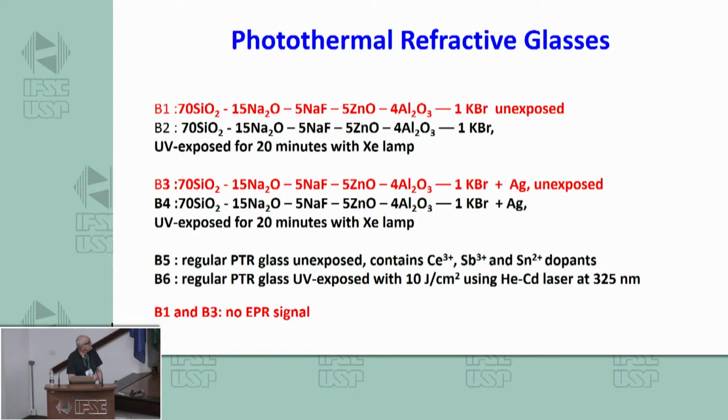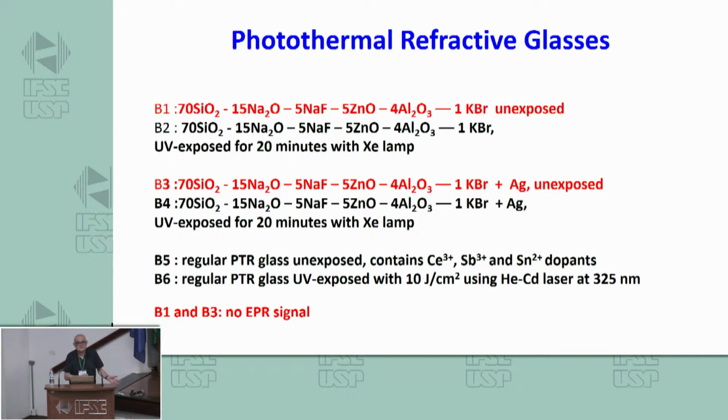This particular crystallization process only takes place upon exposure to laser irradiation, to optical irradiation. And so the unexposed glass has this particular composition. Why does it have to be so complicated?